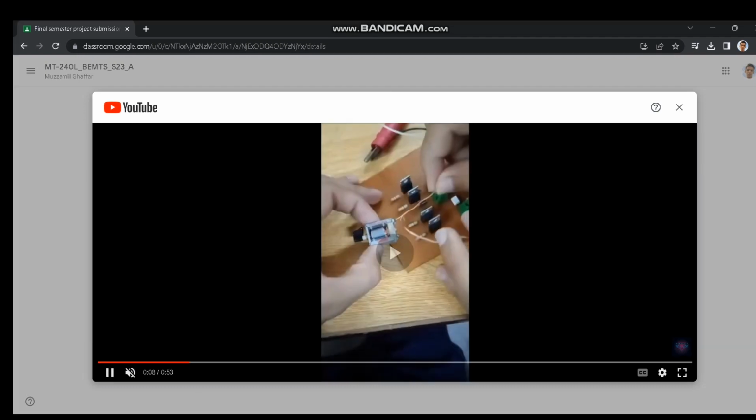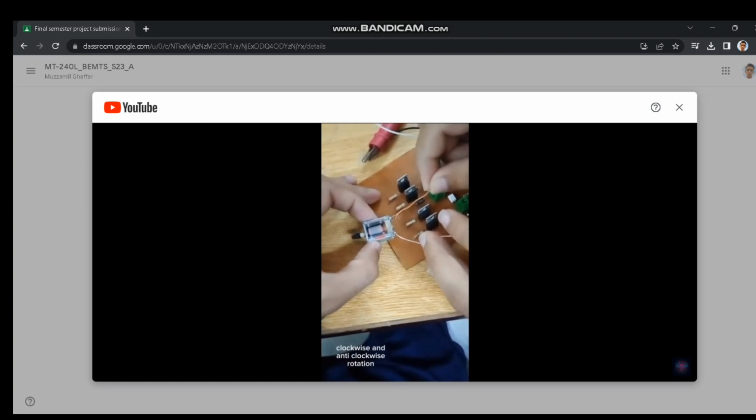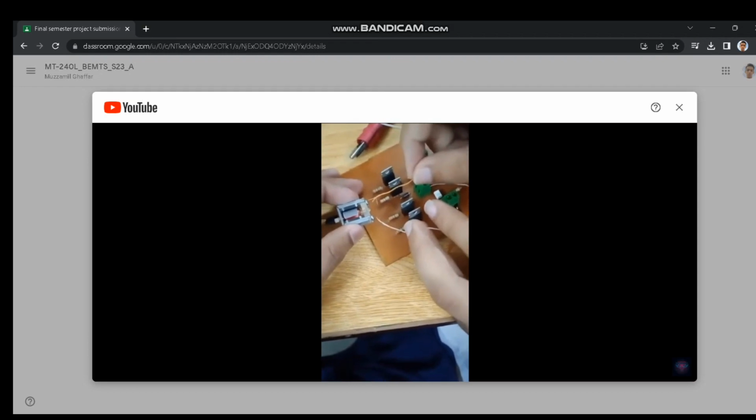Now here we are using a DC supply, and we didn't have a good fan, so we used something light that tells whether the motor is rotating or not. When we connect the battery here, you see the rotation, anti-clockwise and clockwise rotation, and the motor is rotating in the clockwise direction, you see that.